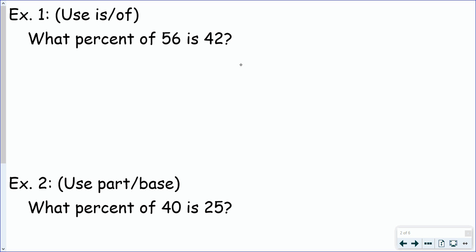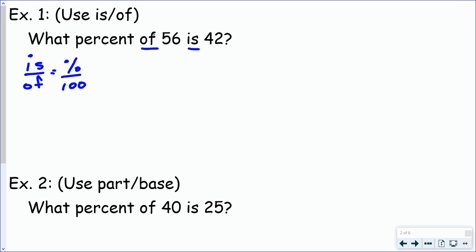In this first example, you see the words of and is. So that's why this one says use is over of. We're going to use the proportion is over of equals percent over 100. The way you use this is you use these words to tell you where to plug the numbers into the proportion.